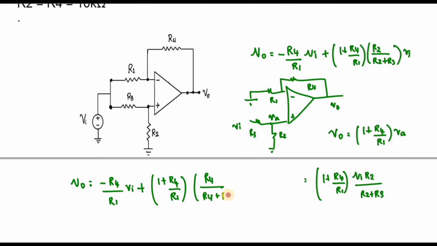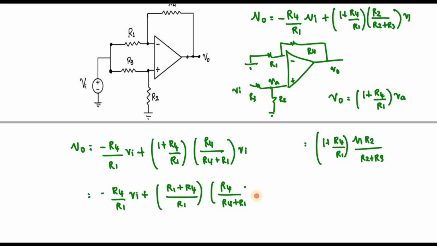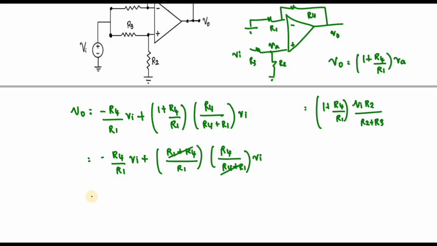So minus R4 divided by R1 VA plus 1 plus R4 divided by R1 into R4 divided by R4 plus R1 into VA. So these two get cancelled out. So V naught is 0. If V naught is 0, what is V naught by VA? That is your gain, which is also equal to 0. This is nothing but a common mode signal.